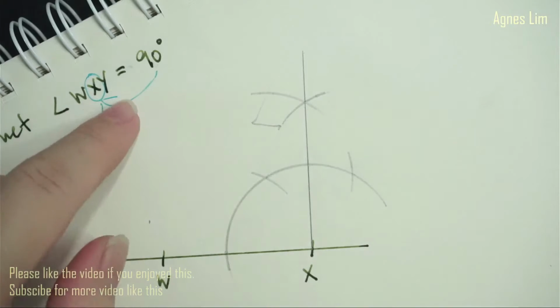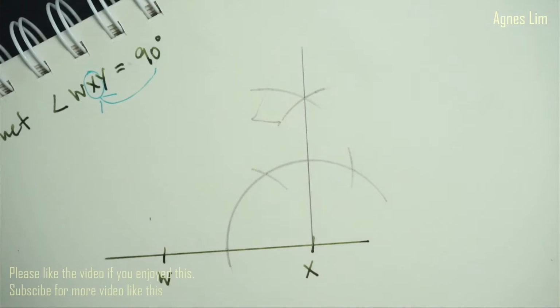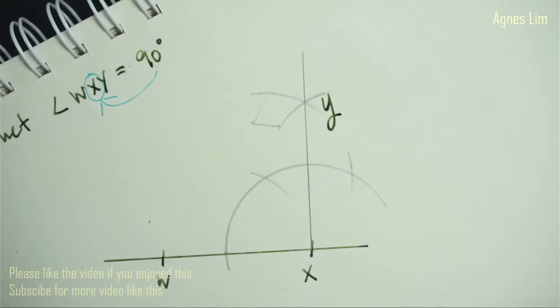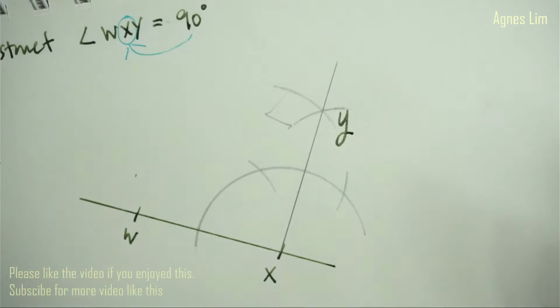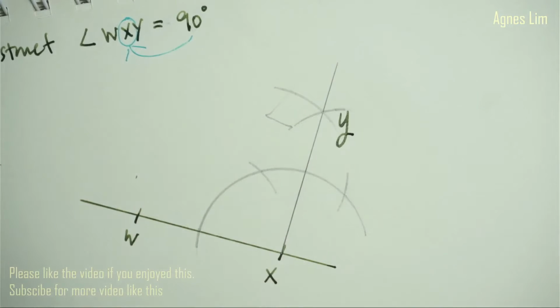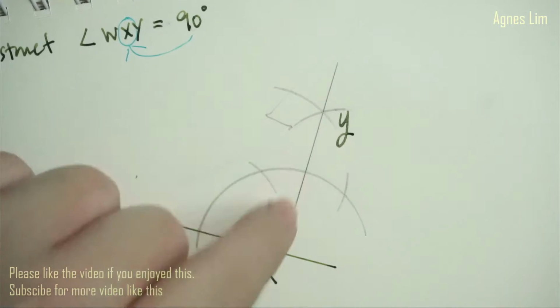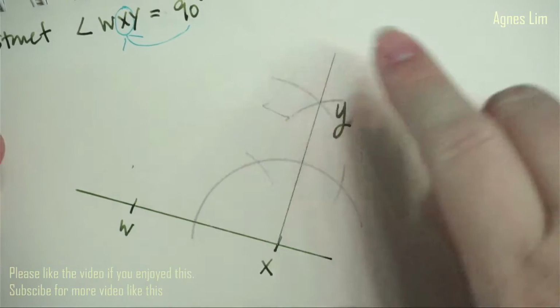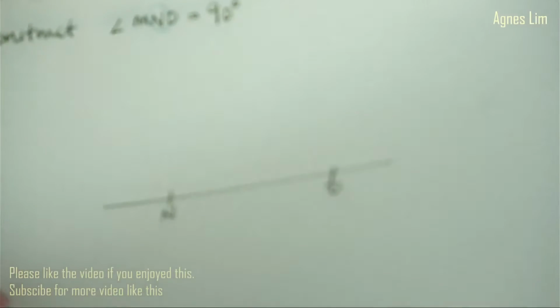It's WXY, so WX, and this one will be Y. Just for confirmation, do not erase all the pencil markings that we construct during this process. This is what the teacher will want to see when they are doing the marking.